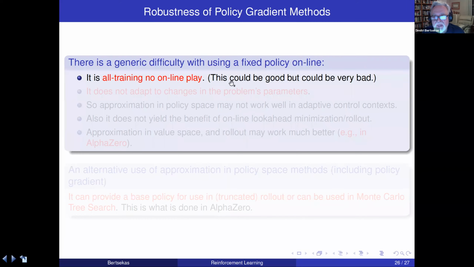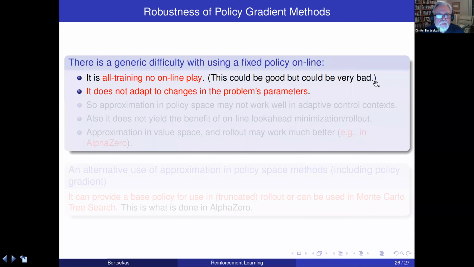You have this policy, you observe the state, you apply the corresponding control instantly. That's very good because you compute controls very fast online, and therefore you can deal with very fast timescales of system control. On the other hand, this could also be very bad.